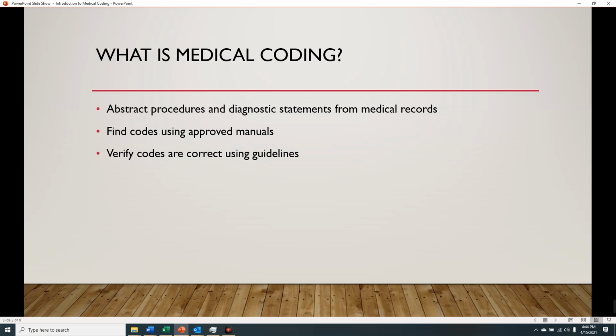What a coder does is look for the procedural and the diagnostic statement that is related to the encounter, whatever the patient was there for. Once those statements are found, and they're usually a couple of sentences, then we use our approved manuals to transition those into codes.